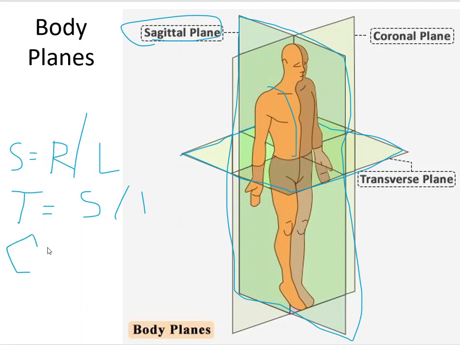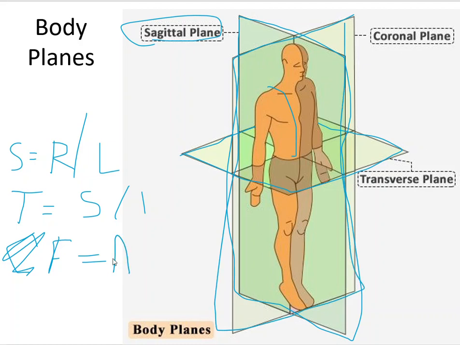The coronal plane, well, you could also call that the frontal plane. Matter of fact, I would call it the frontal plane unless you just enjoy using jargon. I'm fine with frontal. The frontal plane is going to divide a body in half, anterior and posterior, front back.